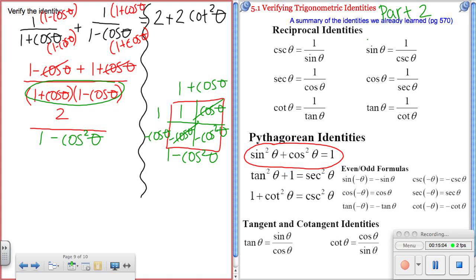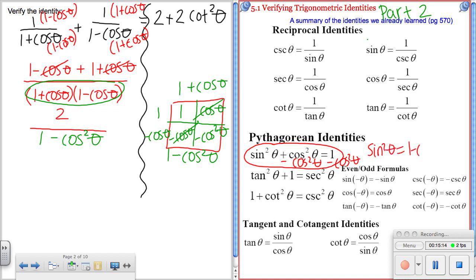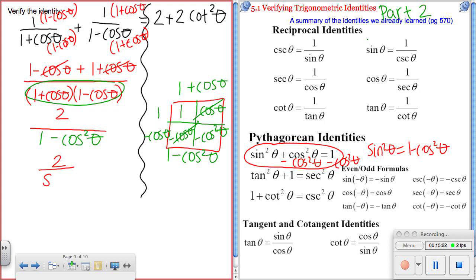If I subtract cosine squared theta from both sides of this first Pythagorean identity, I think sine squared theta equals 1 minus cosine squared theta. So I'm going to rewrite this as 2 over sine squared theta. I just used that Pythagorean identity.